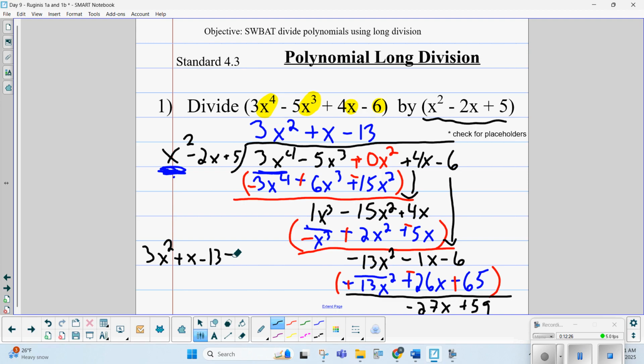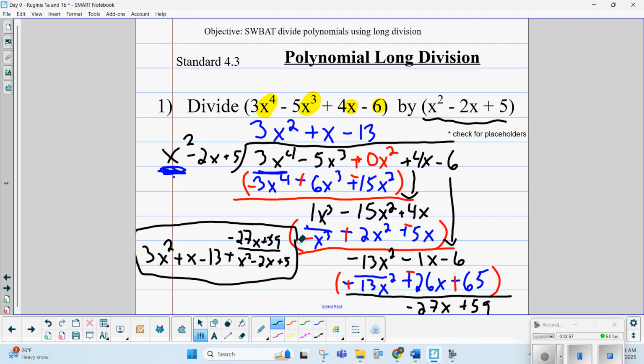So we're going to say plus, and make the remainder the numerator of the fraction, negative 27x plus 59. And then the denominator of our fraction is just going to be our divisor, x squared minus 2x plus 5. So this is our answer, right?